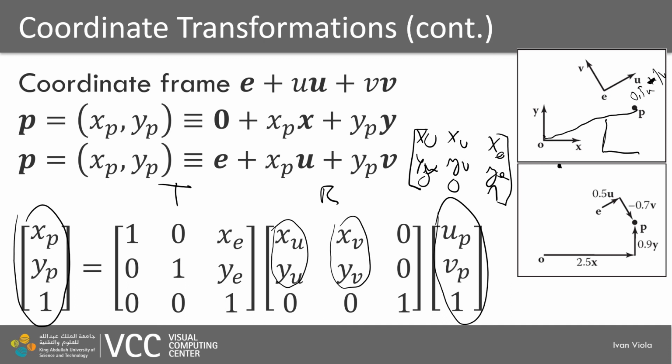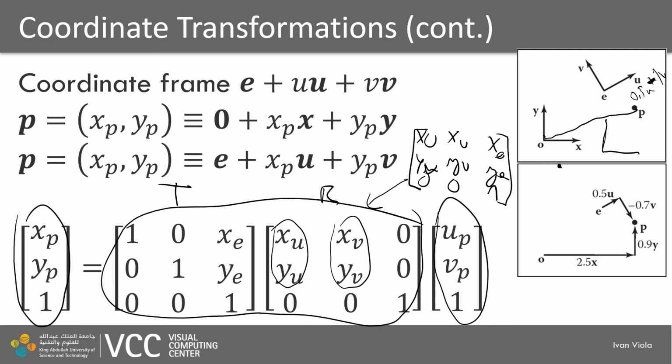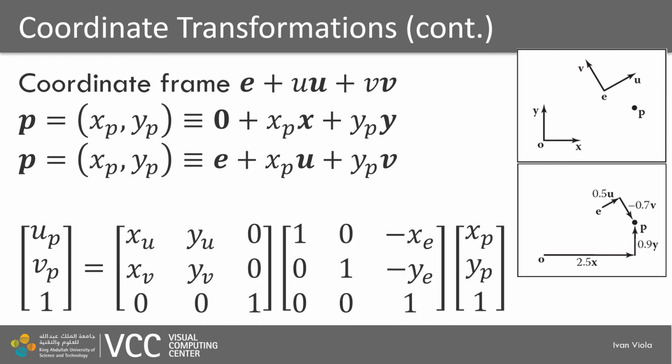So this is the concatenated matrix, the product of the multiplication of these two. So now we have translated the point with respect to its UV coordinates into the XY coordinates.